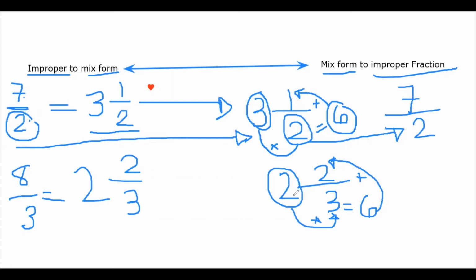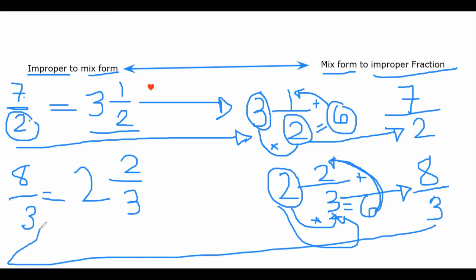So the 6 will be added to the numerator 2. So 6 plus 2 is 8. The denominator will remain as is. We have 8/3. So as we have seen there, everything is equal. Nothing more, nothing less.